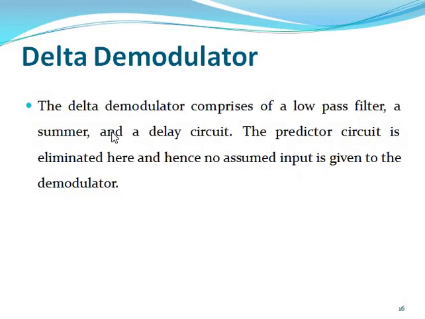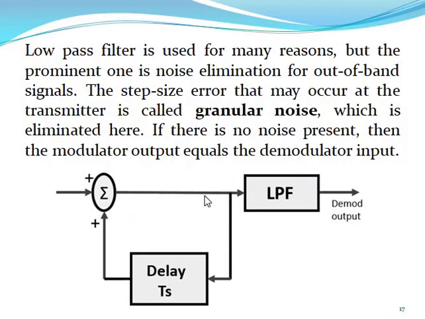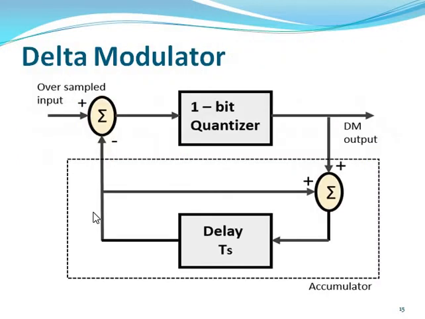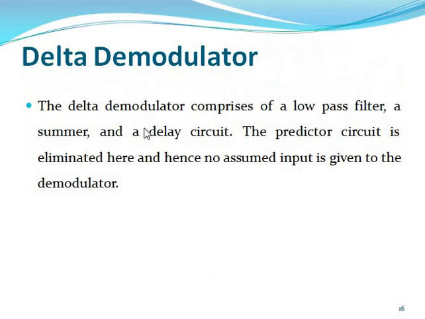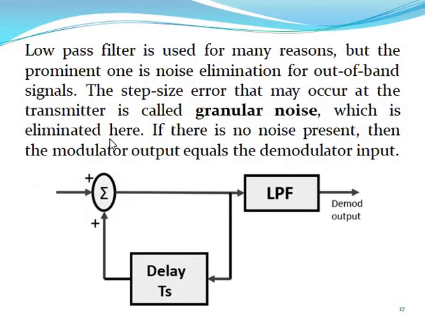Then the delta demodulator. The delta demodulator comprises a low pass filter, a summer and a delay circuit. The predictor circuit is eliminated here, and the input is given to the demodulator. So this is the omega and delta circuit. Here we can add the 1 bit, as in delta modulation, but it only comprises the low pass filter, summer and delay.